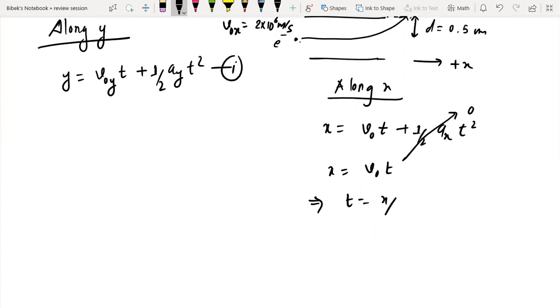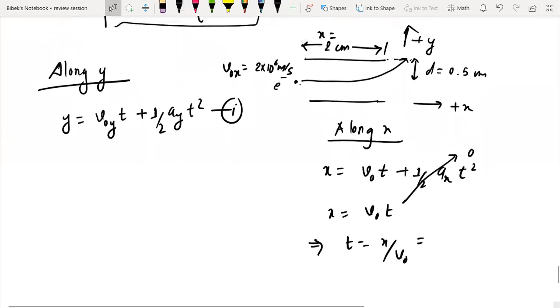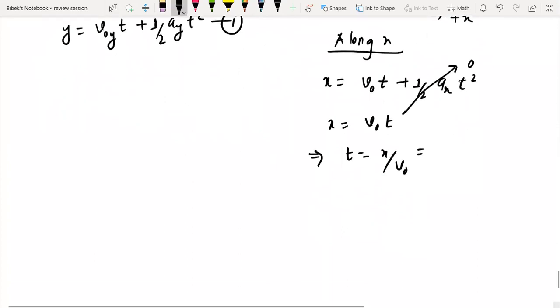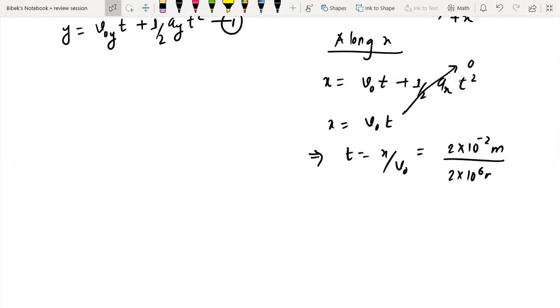So what is your time? T is x over V0. What is your x? That is 2 centimeter, 2 times 10 to the negative 2 meters, divided by V0, that's 2 times 10 to the 6 meters per second. 2 and 2 cancel. That is 10 to the 4 seconds.